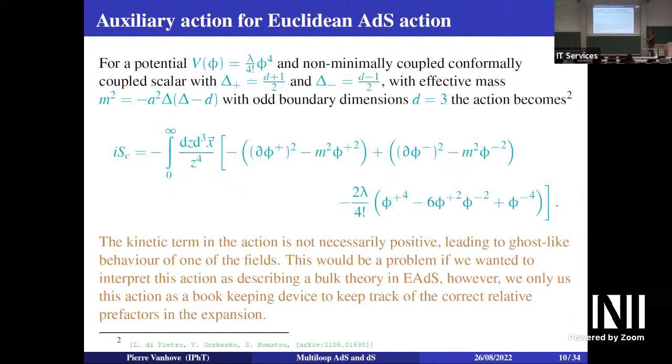This one looks annoying because it looks like a ghost, but it has to be there because, if you do a computation in de Sitter, you would just have half of the field with plus signs. The minus sign is due to the transition between de Sitter and Euclidean de Sitter.